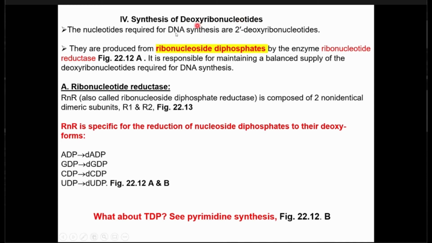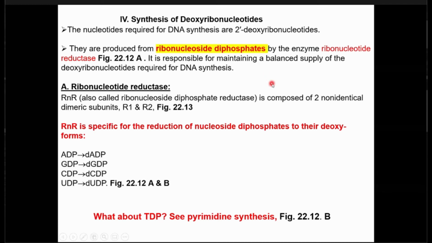How do we make the deoxy ones for DNA? First, what you need to know is the enzyme responsible for converting ribonucleotide to deoxy. It's called ribonucleoside diphosphate reductase, or also ribonucleotide reductase.